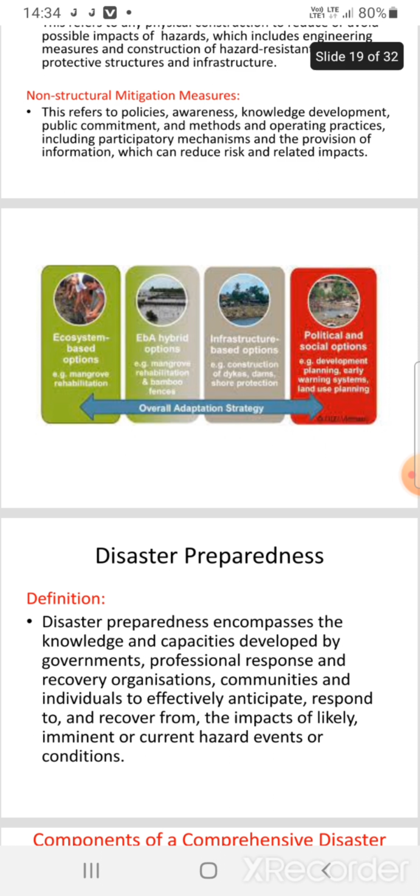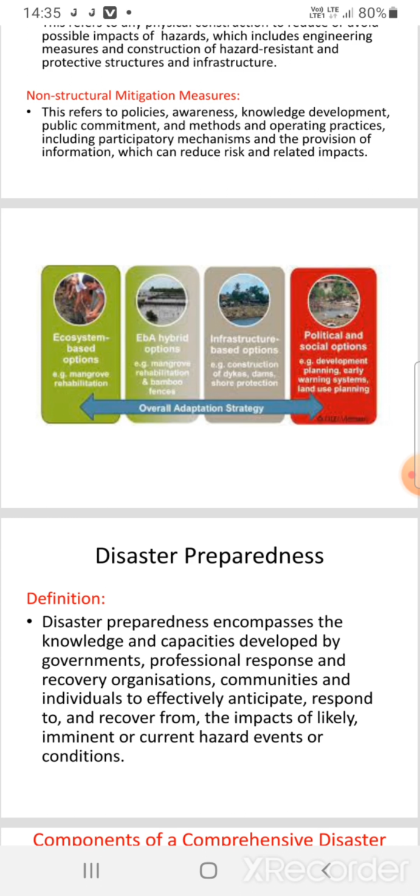Now comes overall adaptation strategy. There is something known as ecosystem. And when ecosystem is considered, we have ecosystem-based options. Then another type of adaptation strategy is EBA hybrid options, which involves both ecosystem and certain kinds of constructions using environmental or natural resources.